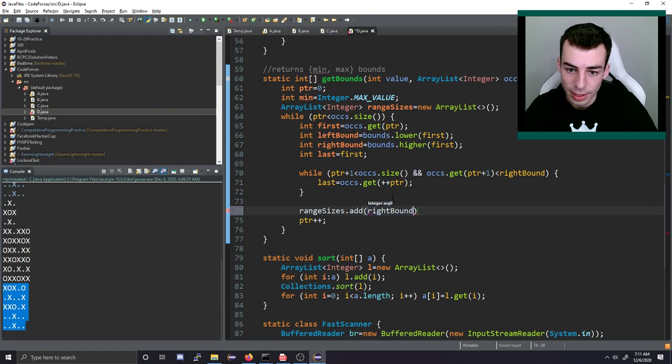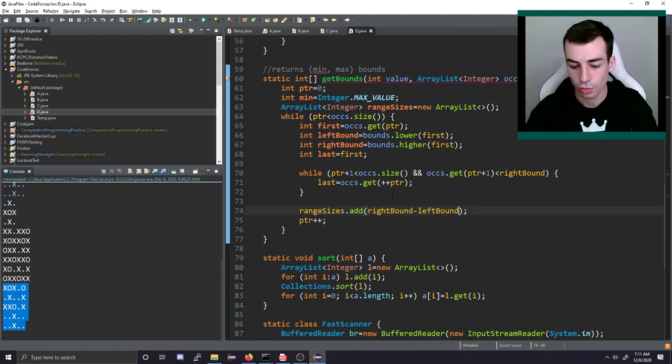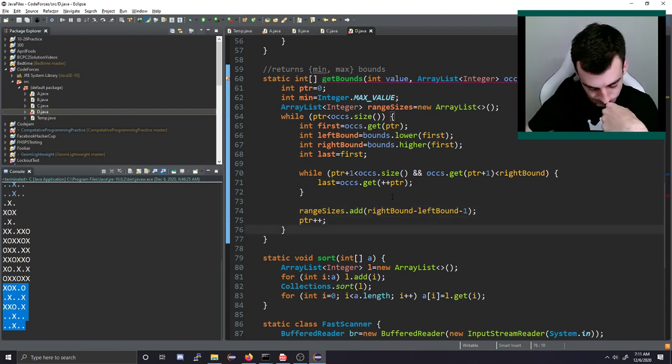The right bound minus left bound, minus 1. That's how big it is. Okay.